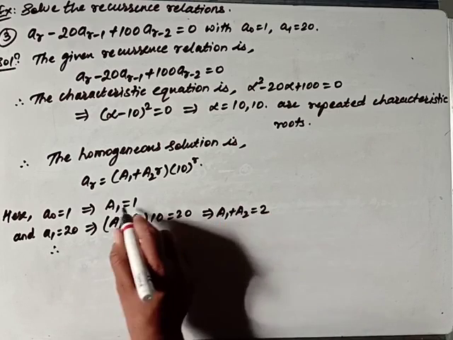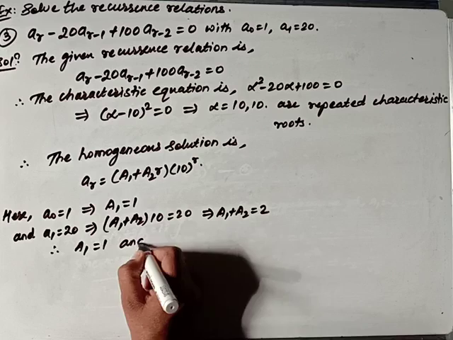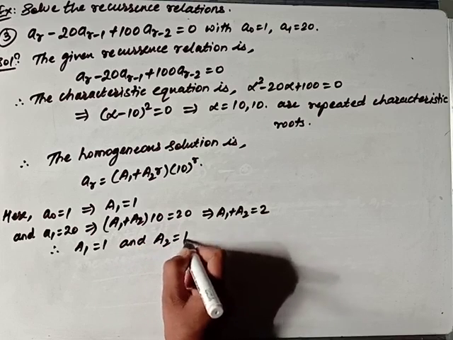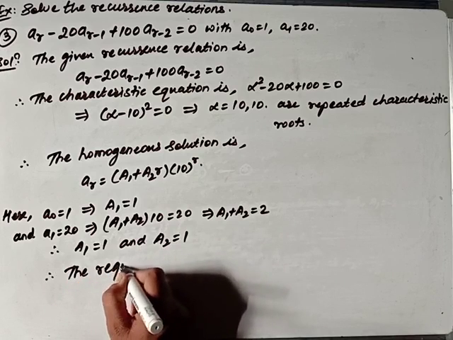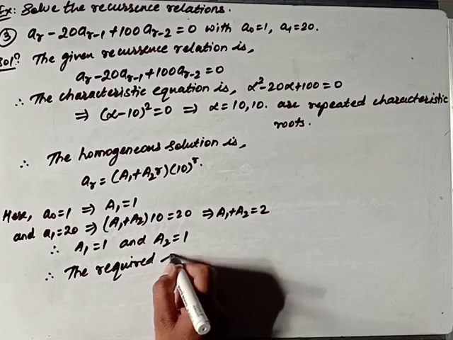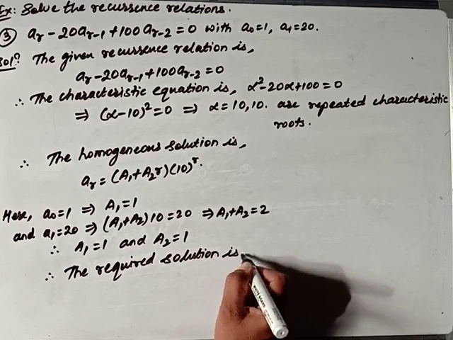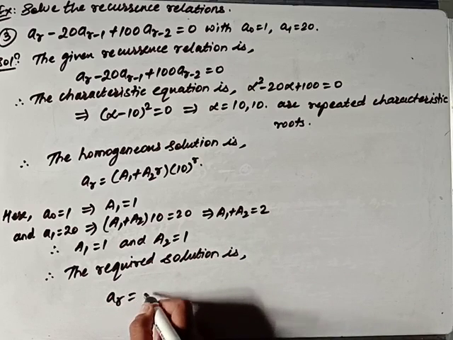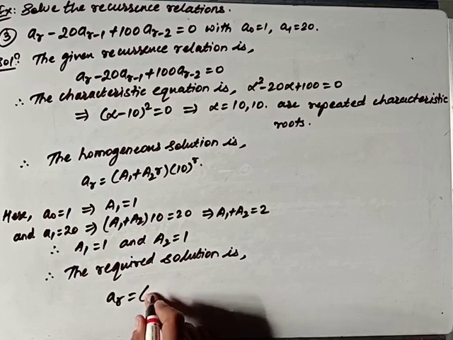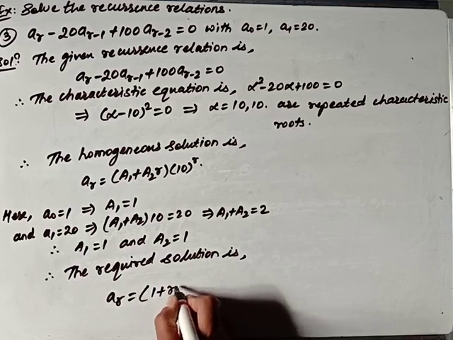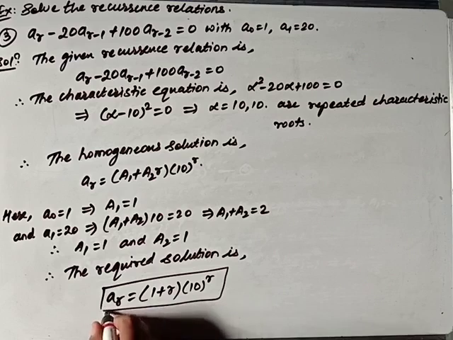Therefore, solving these, we get A1 equal to 1 and A2 equal to 1. Therefore, the required solution is a_r = (1 plus r) into 10^r. This is our required solution for this one.